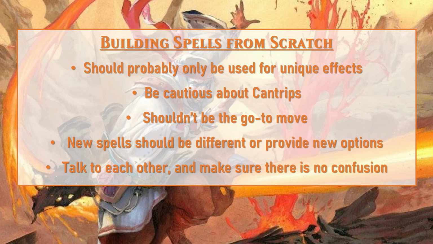This will avoid confusion and will help determine the appropriate level so that the player gets to use their new cool spell and everything works well without a bunch of questions in play like, oh, but what about in this situation? That stuff will come up anyway, but making sure you know exactly what the spell does before play will help limit or avoid these things.